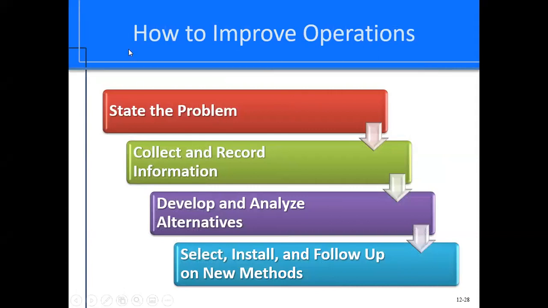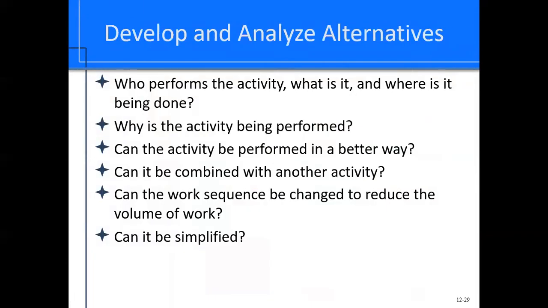And then to improve the operations, find a problem, collect and record the information, and then see whether we have other options, then select, implement, and follow up on the new method. So who performs the activity when we develop and analyze alternatives?